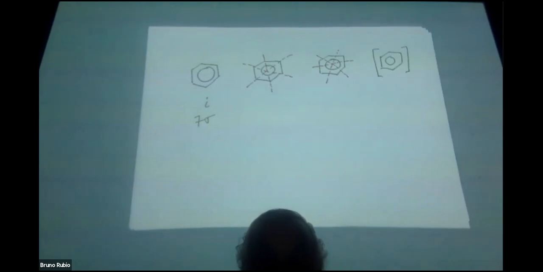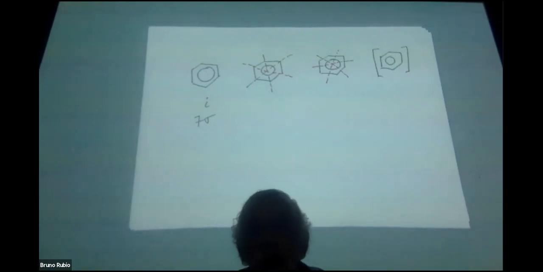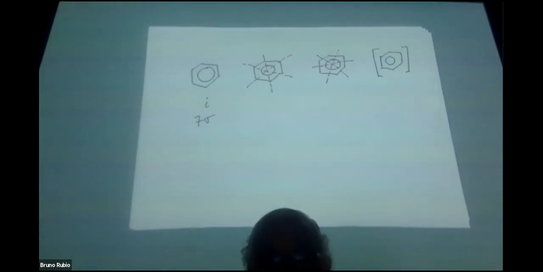How many does it have? Tell me in the chat, how many, if any, C2 axes? You're rotating the molecule by 180 degrees. Do you have the same before and after picture? How many C2 axes, if any?